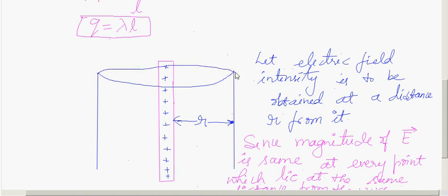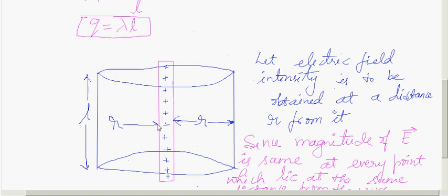So this has to be a cylinder of length L and radius r. Here also it has to be a cylinder, okay? Cylindrical surface. So r and so cylinder.